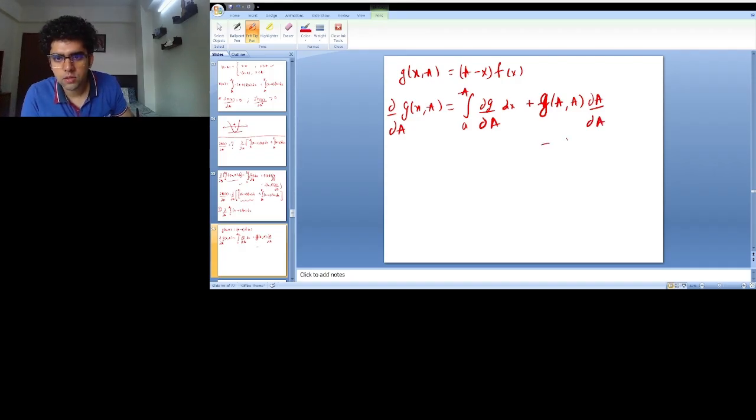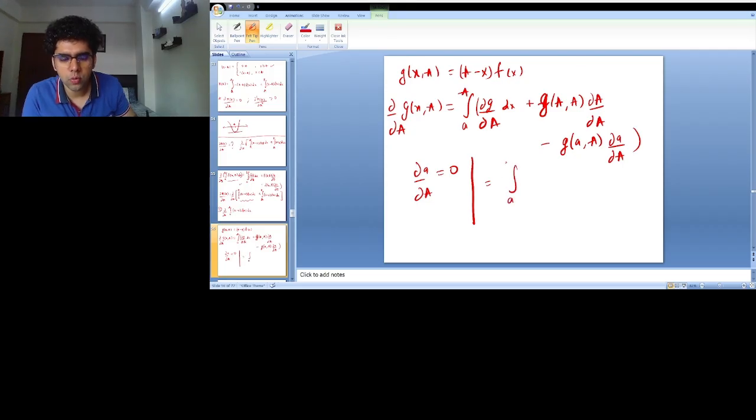Then subtract g of the lower limit comma a, del small a by del a, right? Now del small a by del a is equal to 0, right? Because small a is a constant term, so our expression will reduce to small a to A del g by del a dx plus g(A, A) del A by del a. Del small a by del a is 0, right?